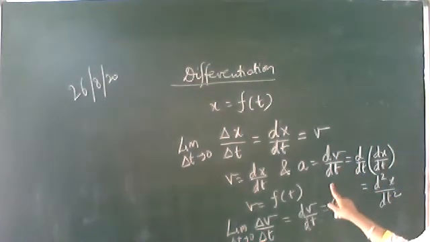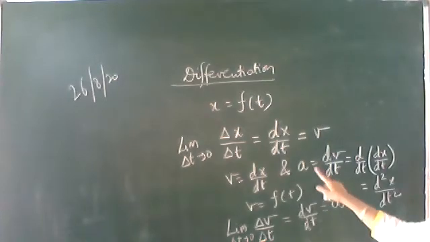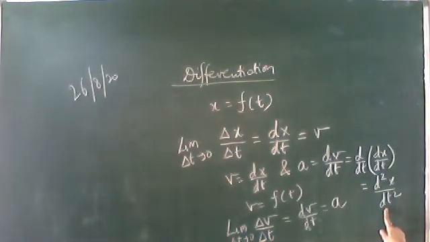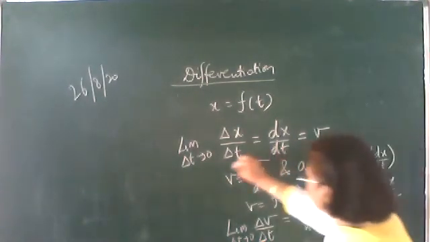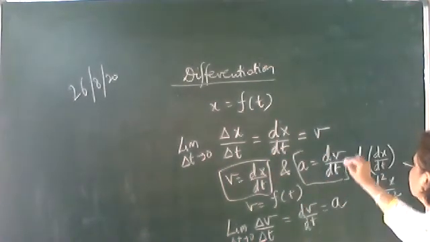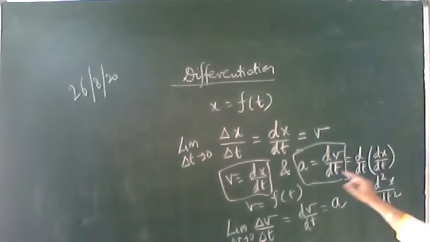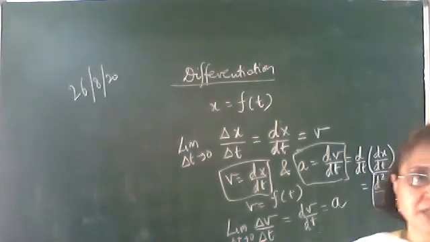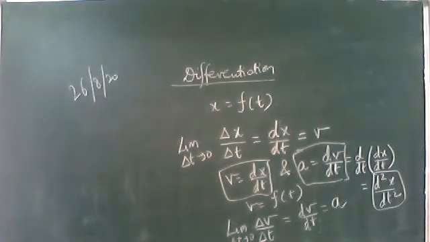Once you differentiate the velocity with respect to time, you will get the acceleration. Twice you differentiate the displacement with respect to time, you get the acceleration. So remember only these formulas, the ones in the box. a is dv by dt, which is also equal to d2x upon dt square. As we do the questions, it will be more clear.